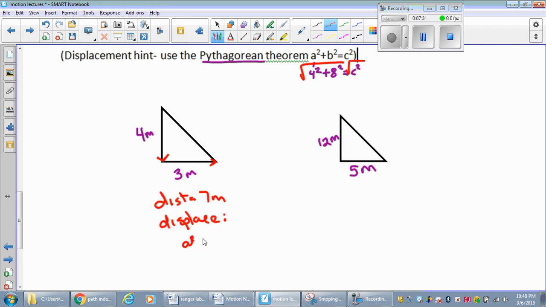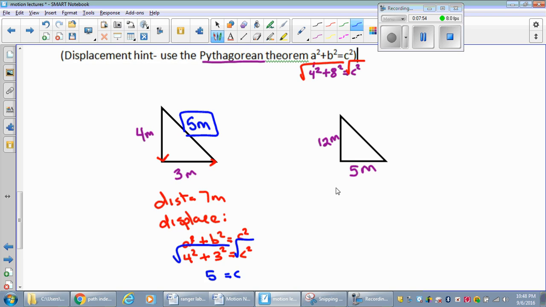So A squared plus B squared equals C squared. Plug them in. 4 squared plus 3 squared equals C squared. And how do I get rid of the square? Remember, square root, both sides. So that will end up being 5. 5 meters would be my displacement, right?